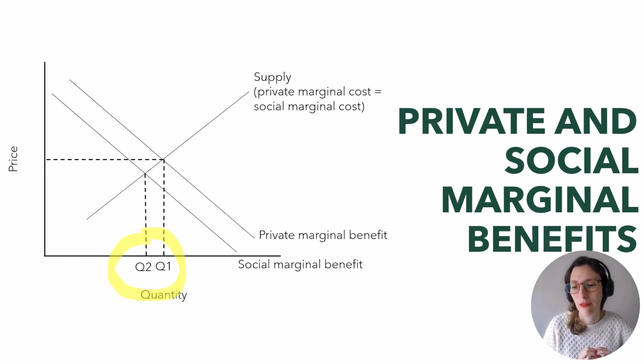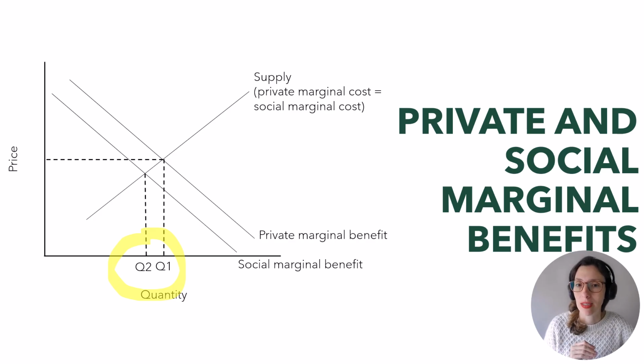Here we have an example of overconsumption, and this occurs because the private marginal benefit exceeds the social marginal benefit. In other words, an individual's consumption reduces social well-being. This is precisely what characterizes a negative externality.